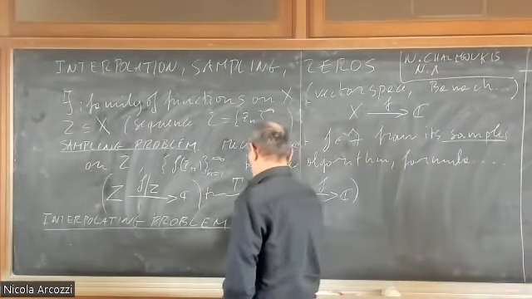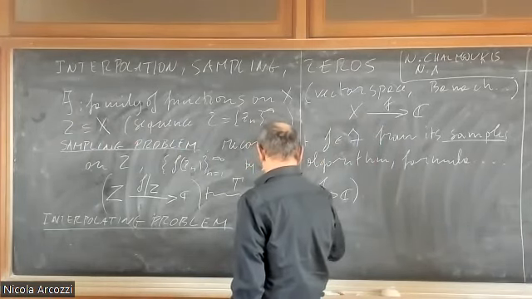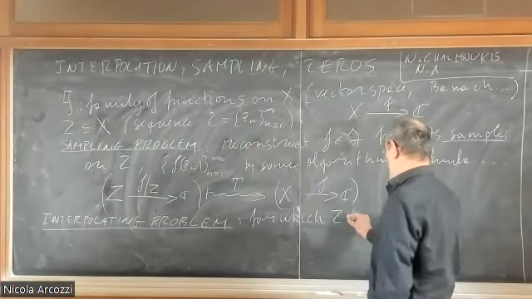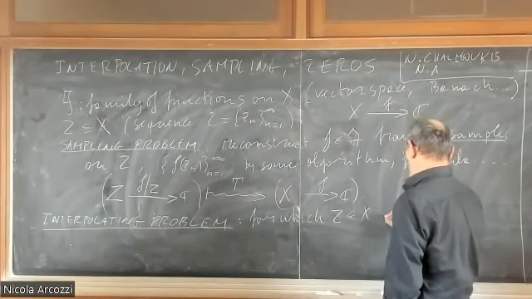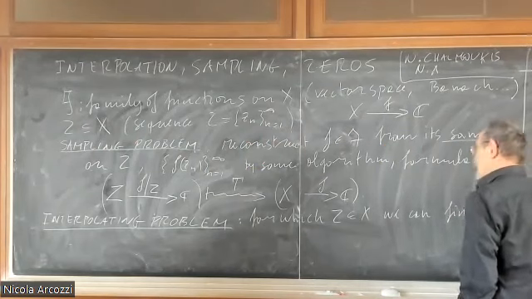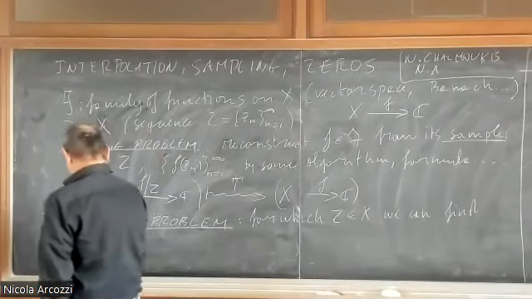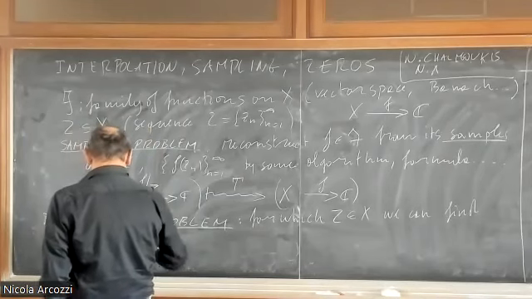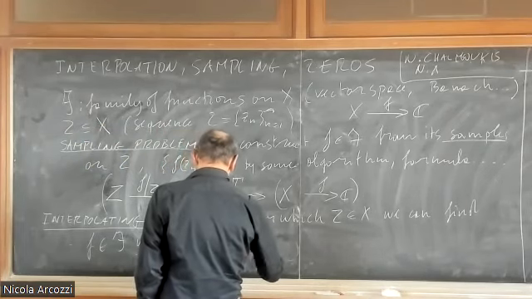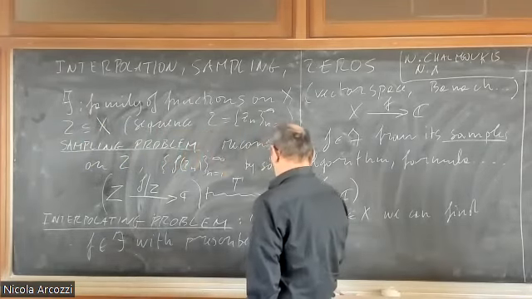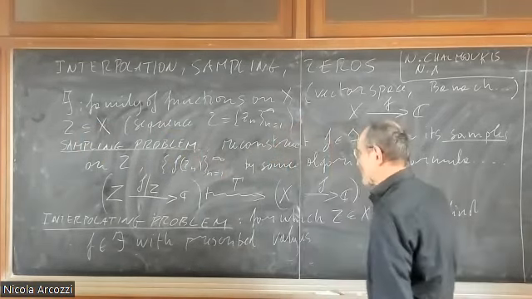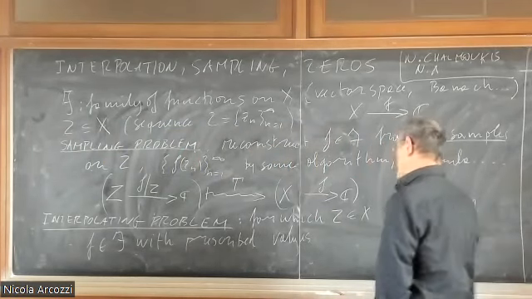It asks for which Z in X we can find a function F in our family with the prescribed values. This is the most general form.